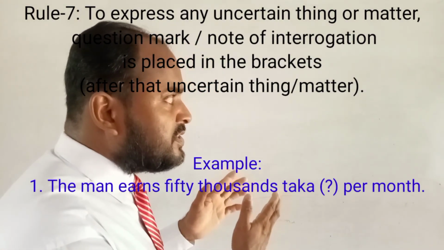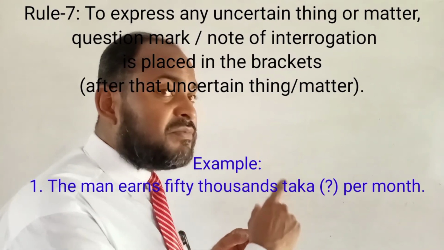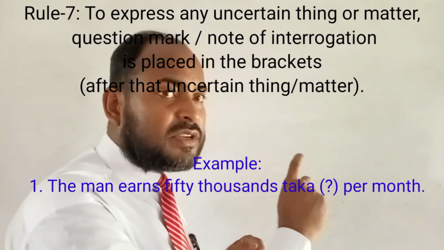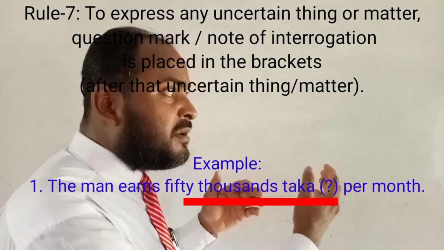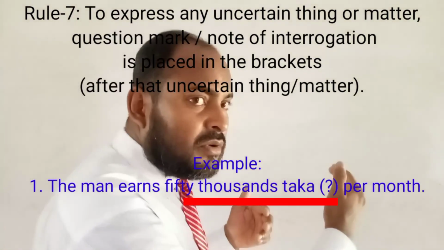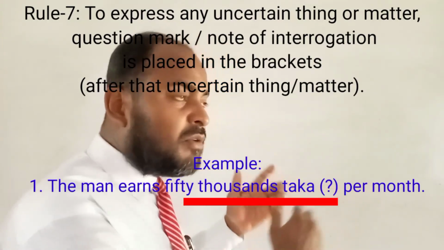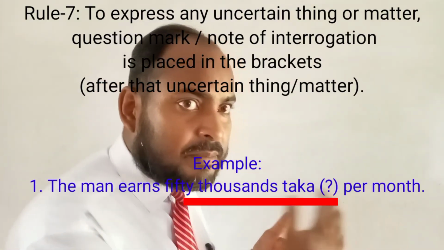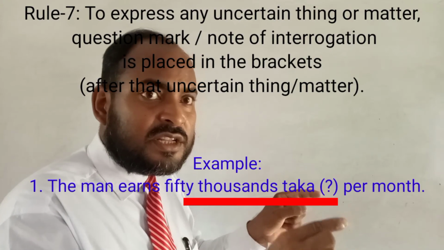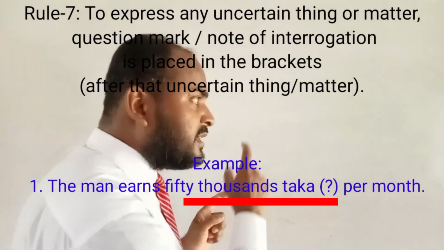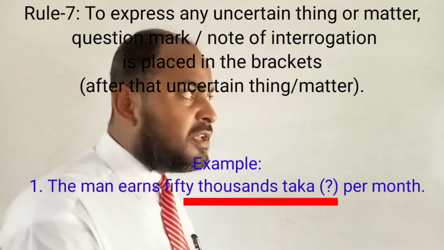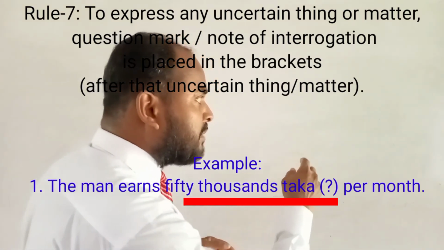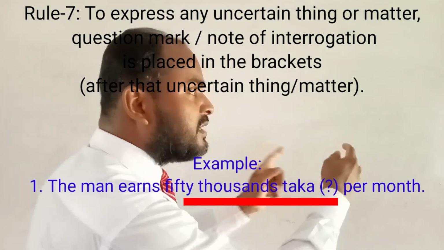My dear learners, notice the man earns 50,000 taka. This is uncertain. It may be less than 50,000 or more than 50,000 taka per month, but it is not certain. So, such type of uncertain matter or things, we have to put question mark in brackets. Okay, my dear learners.